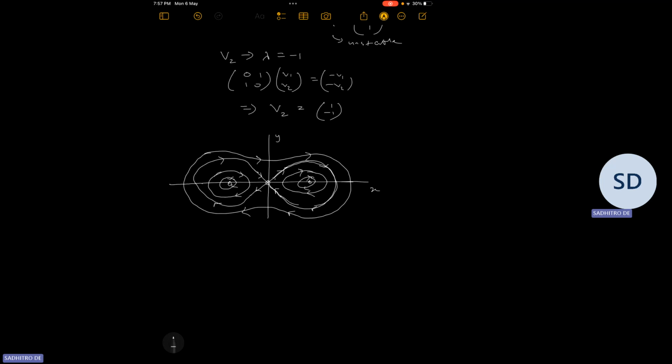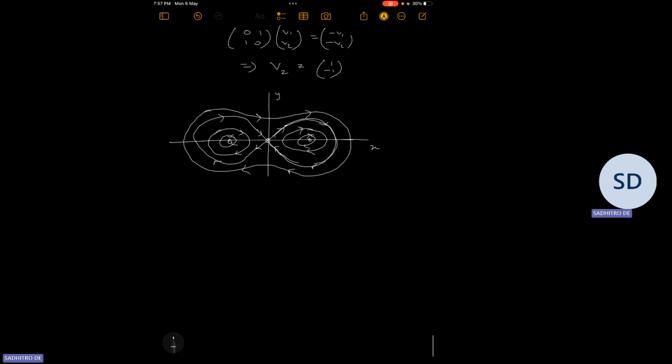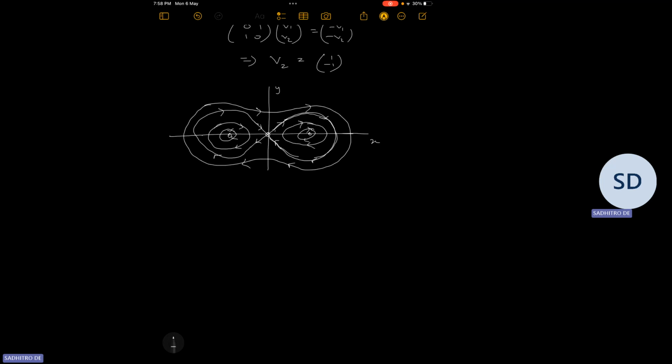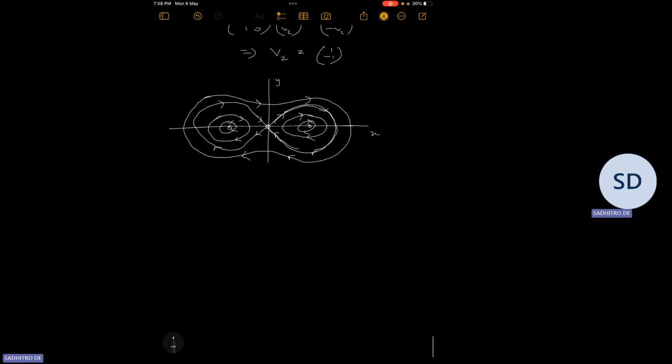So along these trajectories, the oscillation somewhat gets stopped, and these correspond to the homoclinic orbits. So homoclinic orbits are basically the trajectories which approach the origin as time tends to plus or minus infinity. So they approach the same fixed point as t goes to plus minus infinity.